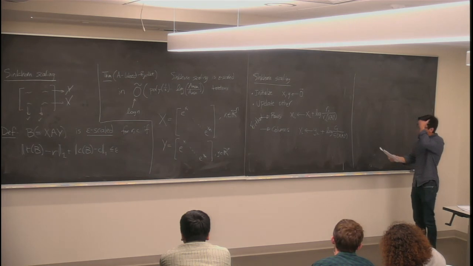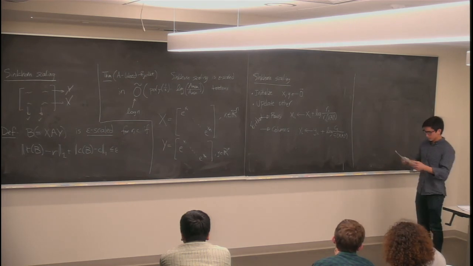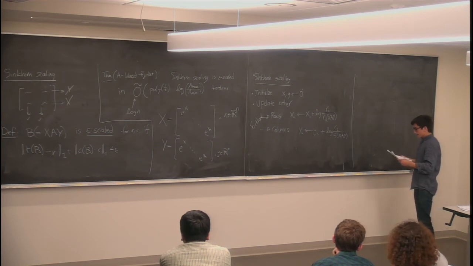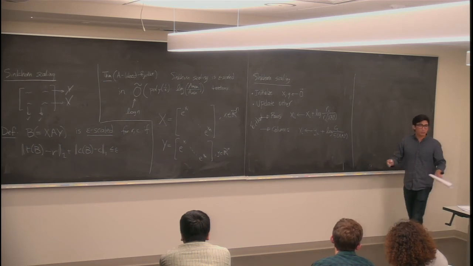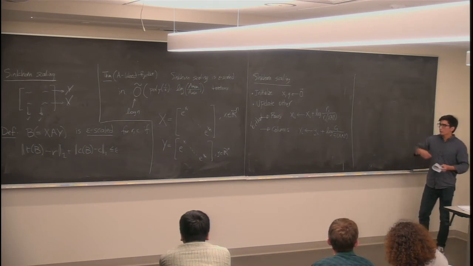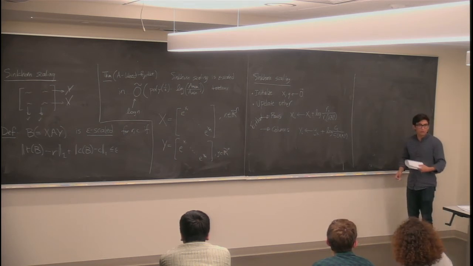I want to prove that this converges, meaning you're scaled to within epsilon in few iterations. The key idea will be to measure progress in a good way. Remember I said before that when you update the rows, you mess with the columns, and vice versa. So you want to be able to say that you're always making progress.